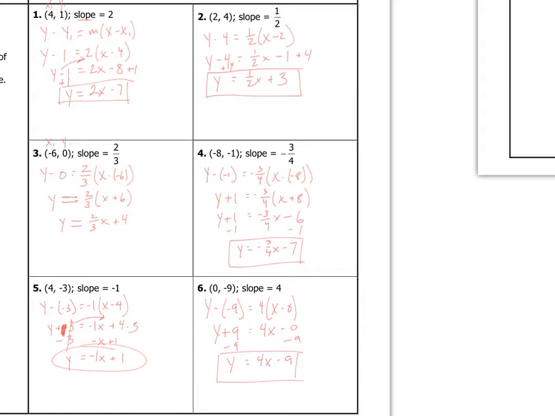Alright, so our point slope formula, we can use that. Oh, let's be in red. There you go. Just y minus y1 equals our slope times the quantity of x minus x1. I know the question you're going to ask: does it matter which ordered pair I use when I go to use the point slope formula?